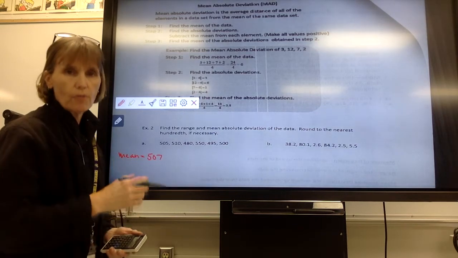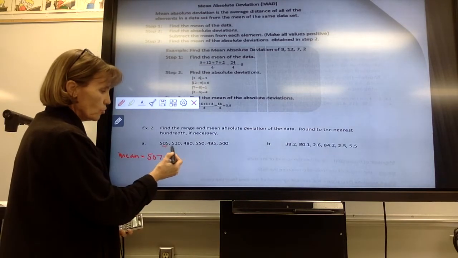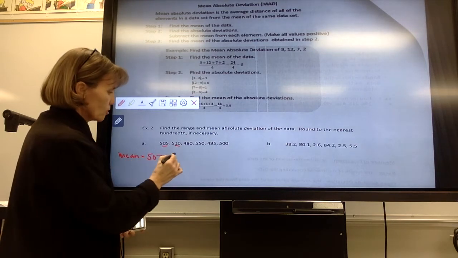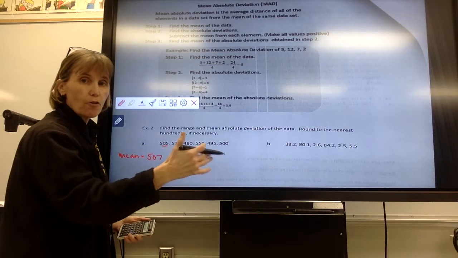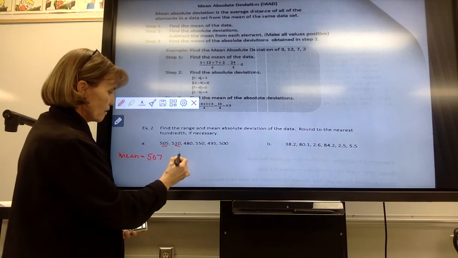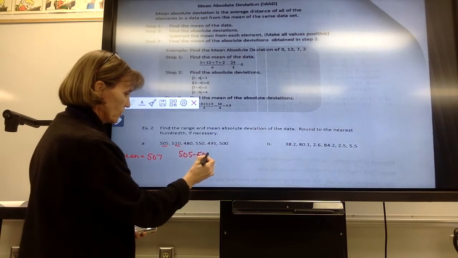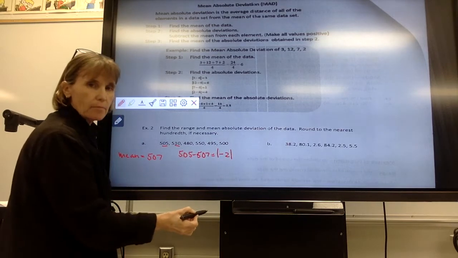Now, to figure out the mean absolute deviation, we want to know how much does each one of these values deviate or differ from the mean. So you're going to take, and it's not about whether it's positive or negative, it's just how far from it is it. So we're going to say 505 minus 507 equals. That comes out to be a -2, but we're always going to take the absolute value.